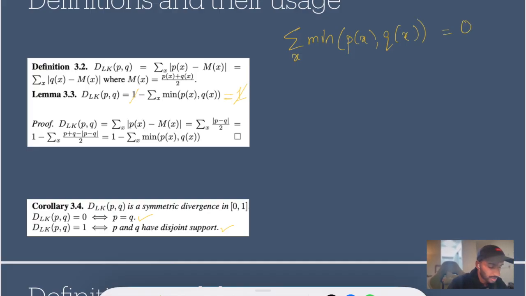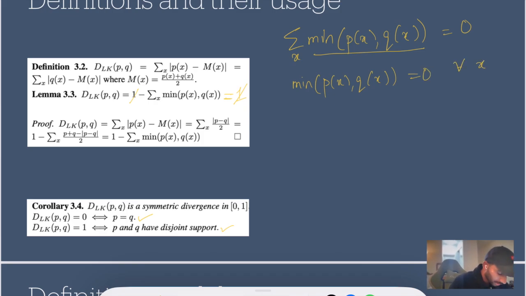Now again, each of these terms is greater than or equal to 0, and we are adding all such terms and saying that their sum has to be 0, which means that each term has to be 0. So min(P(x), Q(x)) is equal to 0 for all x.